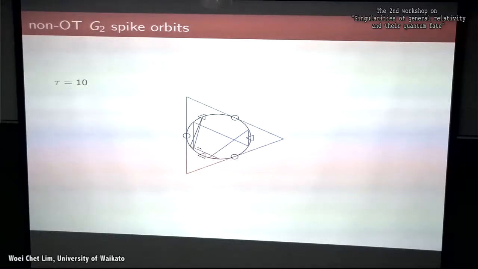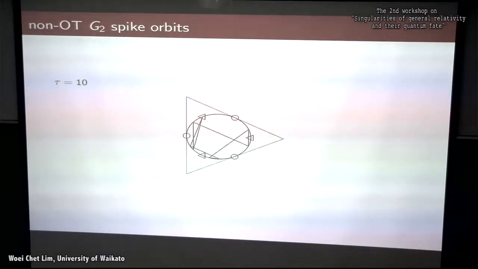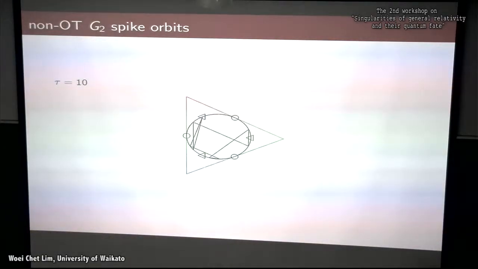So the main point I want to get across is that the spike transitions are recurring, and it enriches the BKL dynamics. Previously, before the discovery of spikes, we saw BKL dynamics as a sequence of Bianchi II transitions.